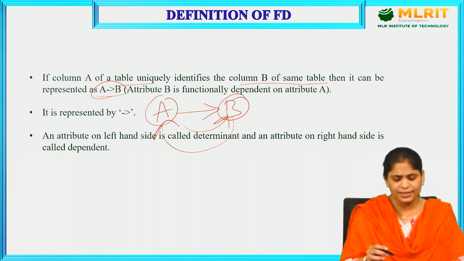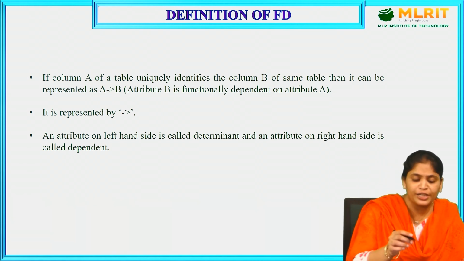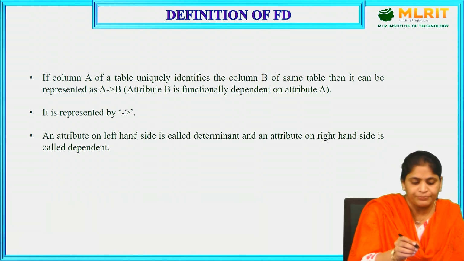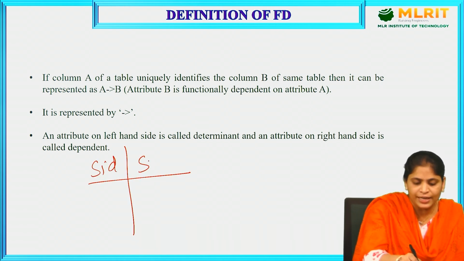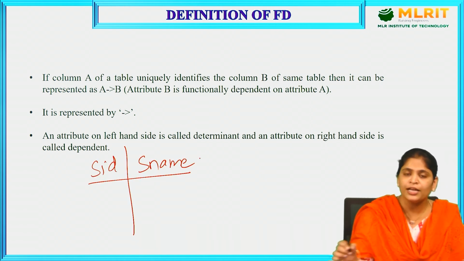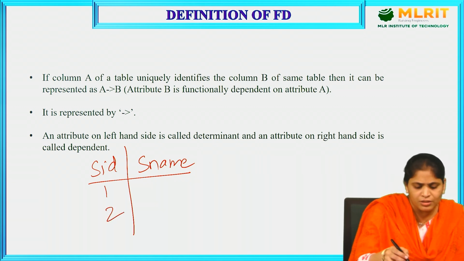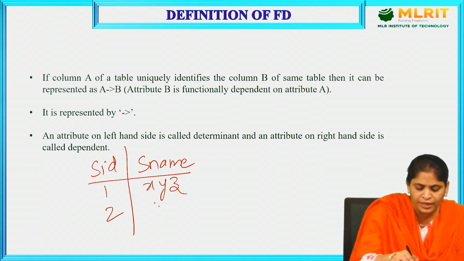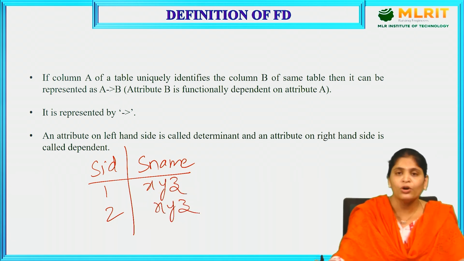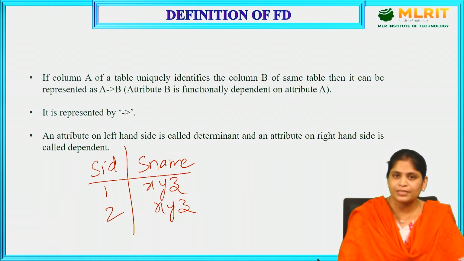Let us discuss this with a simple example. Let us consider a table which consists of SID and SName, student ID and student name. Let us have SIDs as 1 and 2, and the student name as XYZ for both.